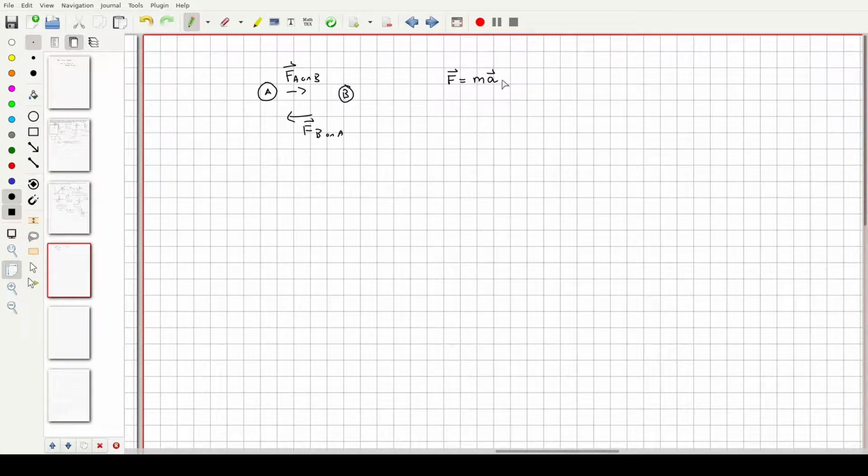Now, what we do in that case is the following. I'm going to take and write this acceleration as the change in velocity over time, the derivative, and then noting the fact that mass, at least in the cases that we've been dealing with, is constant. I'm going to pull this into this.